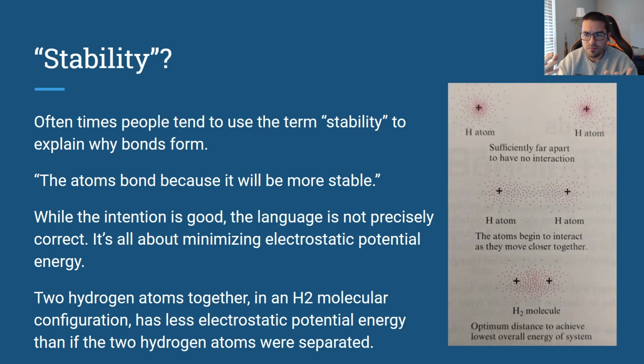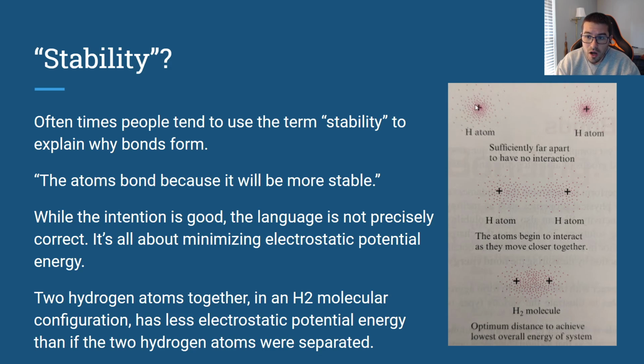So in this image here, what we're seeing is that when hydrogen atoms are sufficiently far apart to have no interaction with each other, so separate, the negative charge density around the proton, the positive charge, is equally distributed around the atom. And picture this almost in 3D, so it'd be like a spherical, somewhat equal spread of the negative charge density.